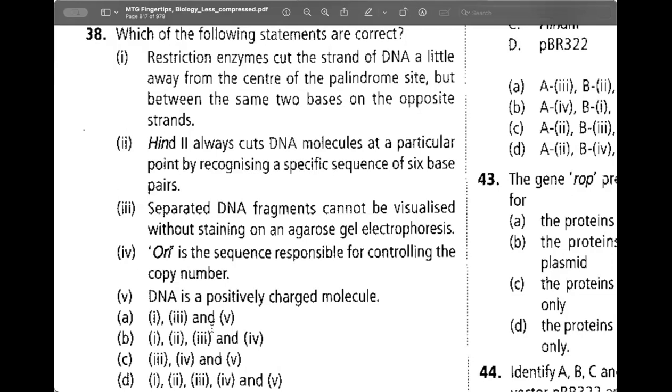And even if you don't know everything, in this case, like you said, you are not sure about the second option, that it always cuts the molecule at a particular point and recognizes a specific sequence of 6 base pairs, but still you know that fifth is incorrect for sure, so you could still choose the right option. Do you understand? So it's worth giving questions like this a try. Okay.